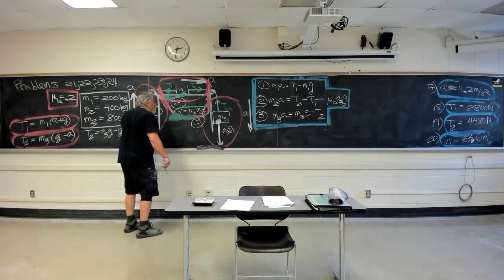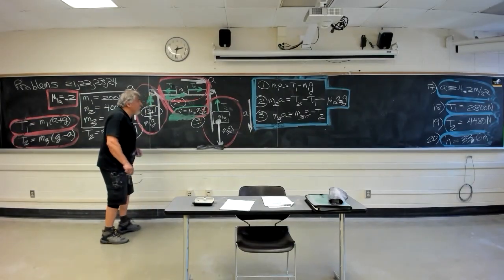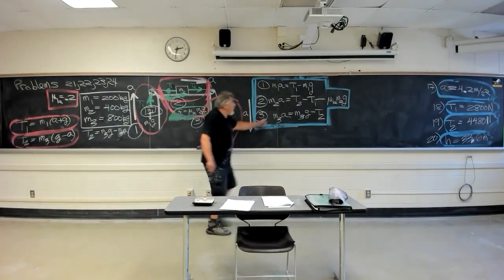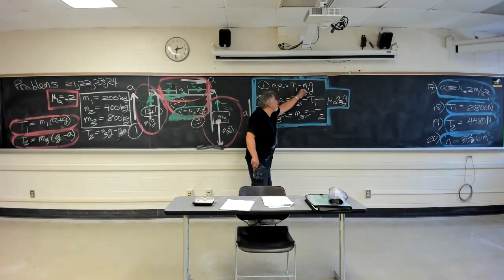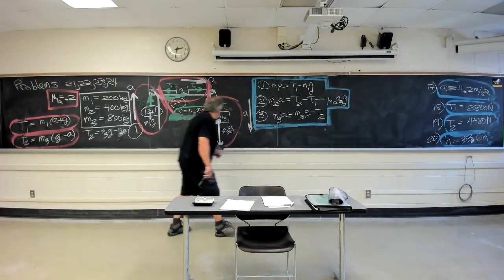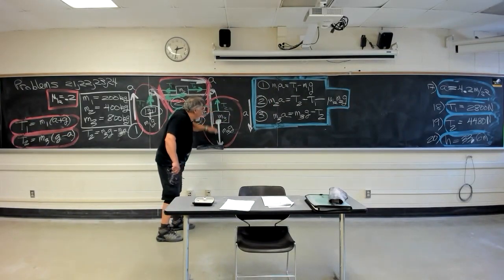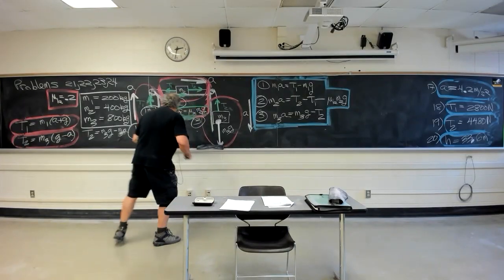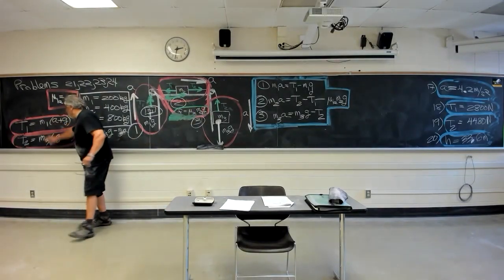T1 overpowers this, but not by as much as it did earlier because there's not as much acceleration. T1 is smaller when there is friction. T2 is bigger when there is friction because this will prevent the fall from being as fast. Interesting. But notice these guys stay.